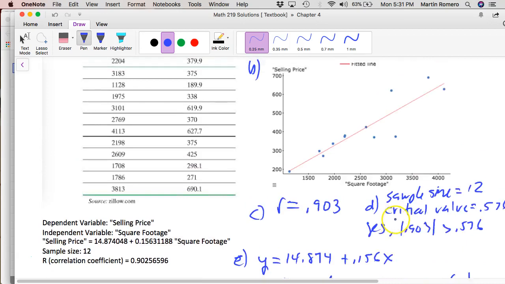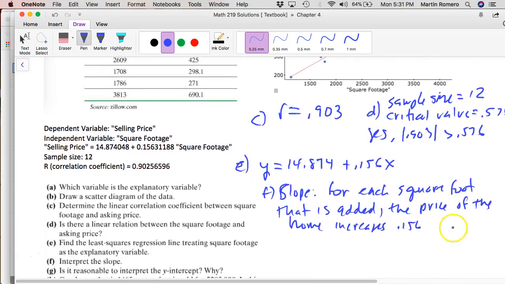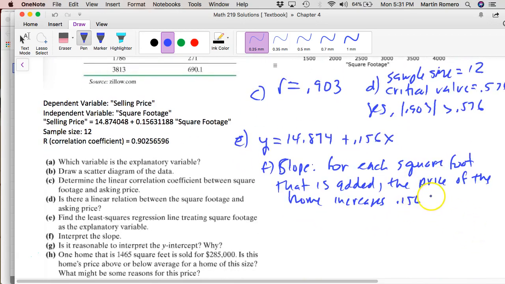What is the unit here? Thousandths of a dollar. So it increases 0.156 thousandths of a dollar. I know it's kind of weird to interpret. Or $0.156 thousand. That's like multiplied by 1,000. It's like $156.